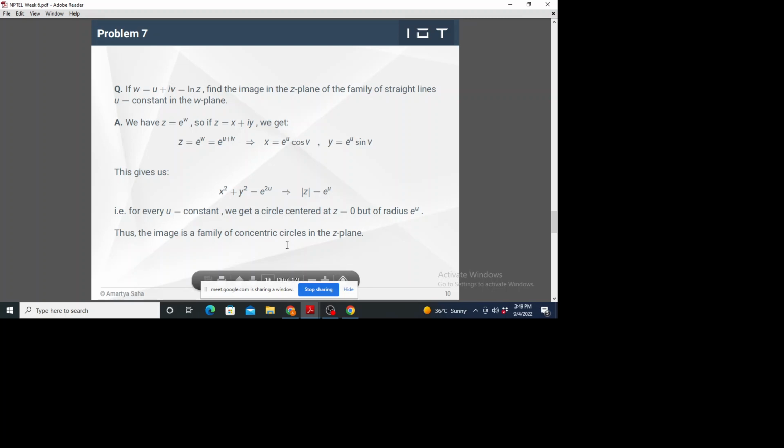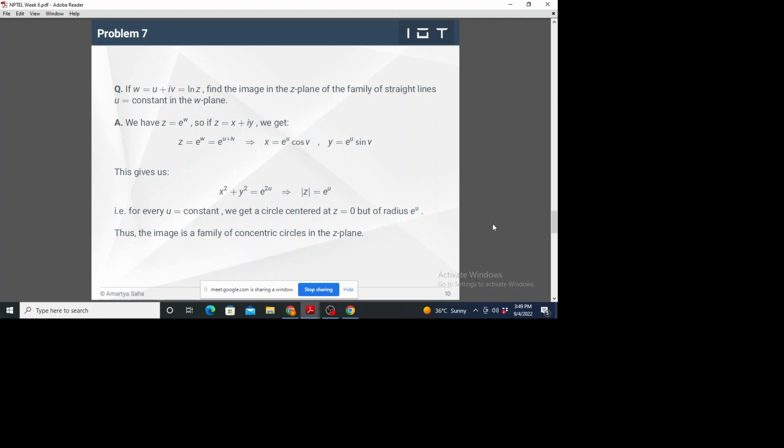Even though all of the circles are centered at z equal to 0, they have different radii, given by e to the power u, and u takes different values. So the image of the whole family of straight lines is a family of concentric circles in the z plane, all centered at z equal to 0. That is how you have to treat problems that involve a family of curves.